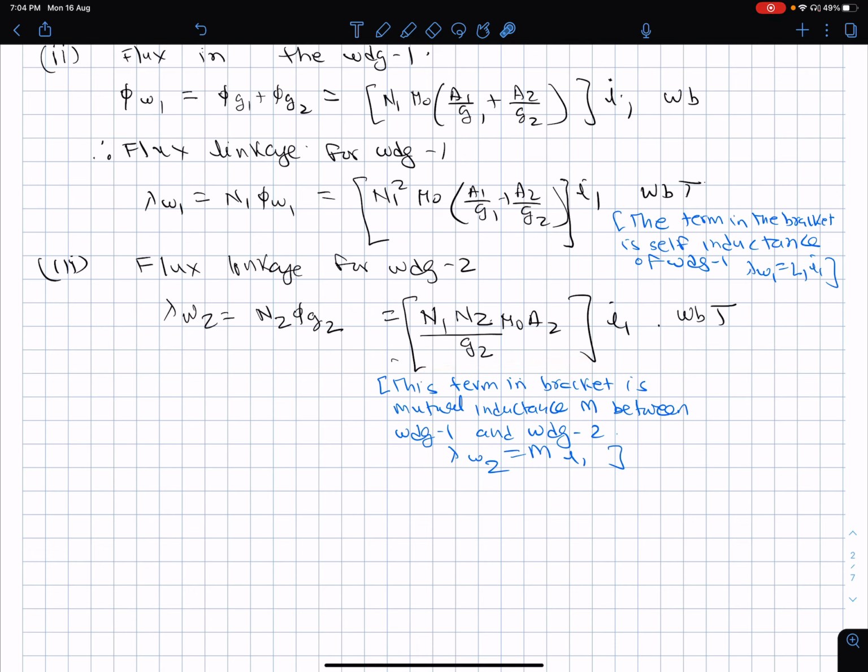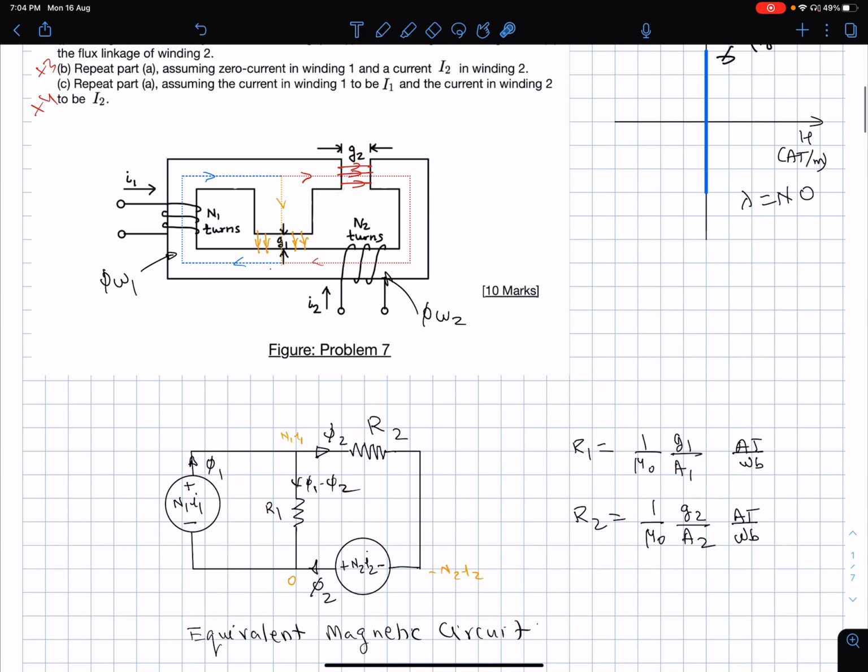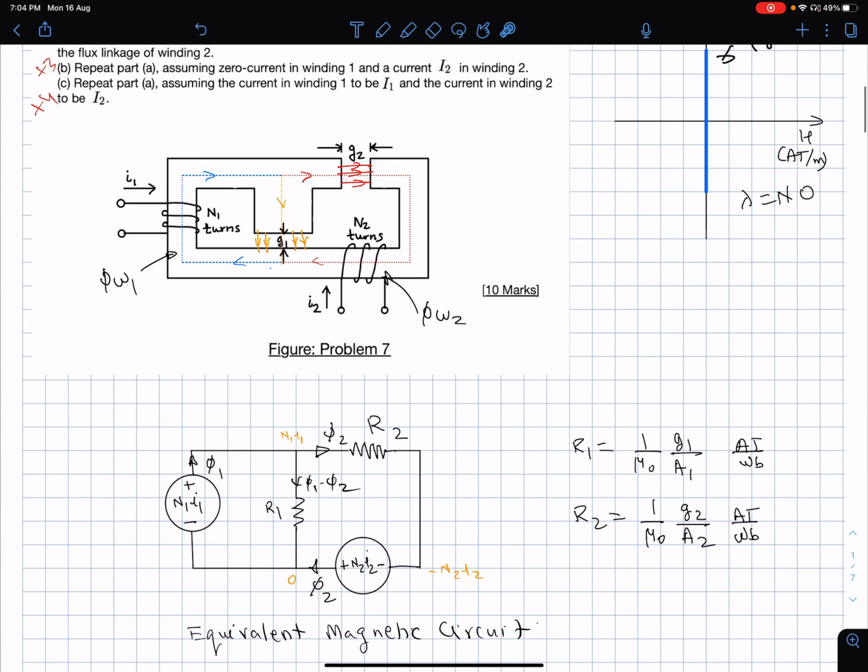Again, you see that it is proportional to the product of the number of turns in each of the coils, and depends upon the geometry which is shared. The geometry which is shared here is only related to this air gap, because you are looking at this flux linking loop.